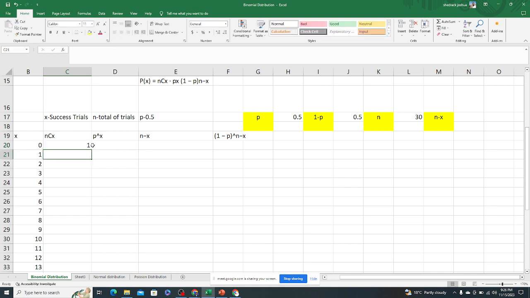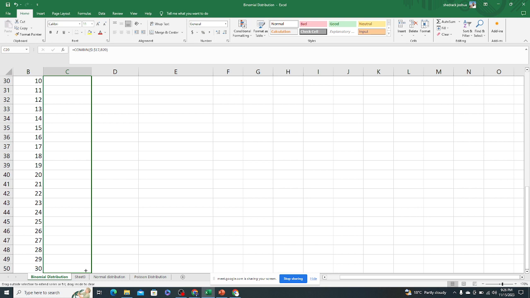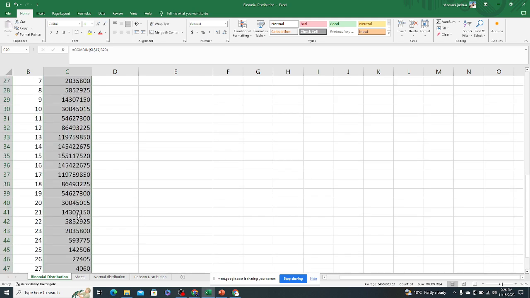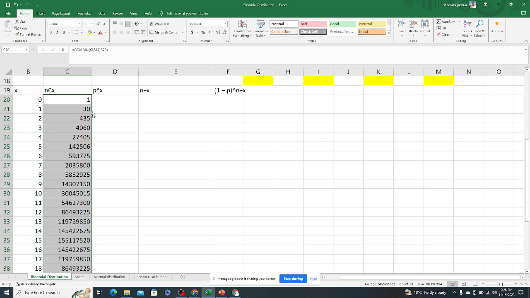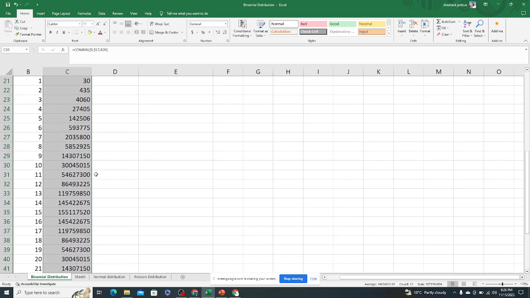But x is changing, so we have to not lock it. You can see this will be the outcome. If you observe the trend here, we will have a maximum value.